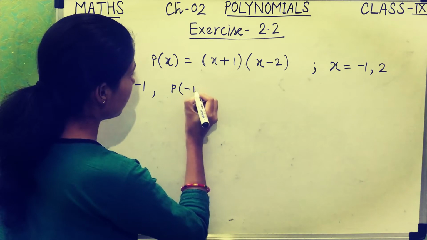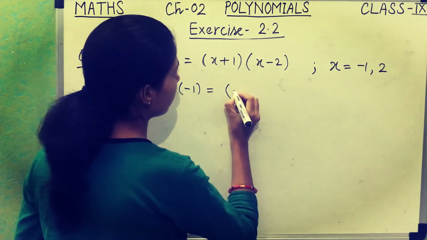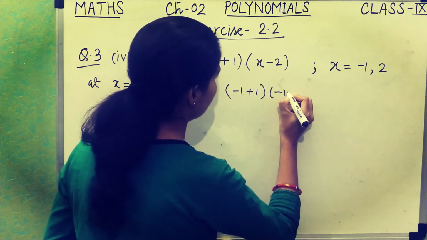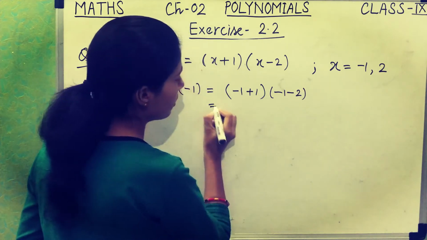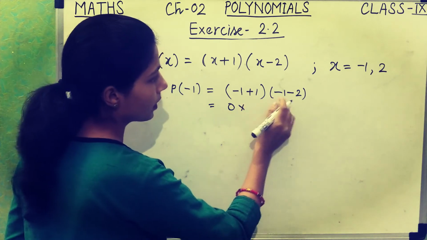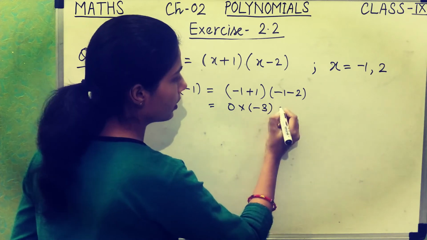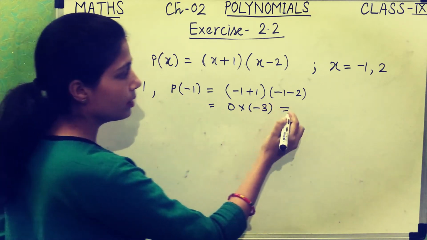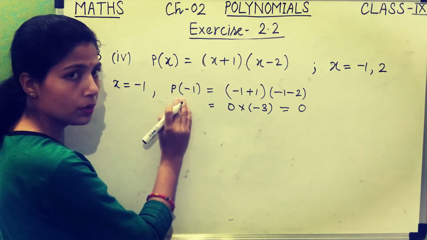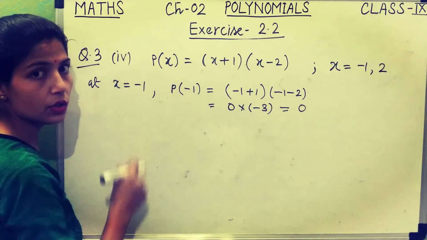So p at minus 1 is minus 1 plus 1 into minus 1 minus 2. Minus 1 plus 1 is 0, minus 1 minus 2 is minus 3. So 0 into minus 3 will be 0. So at x equals minus 1 the value of the polynomial is 0, that is why this will be its zero.